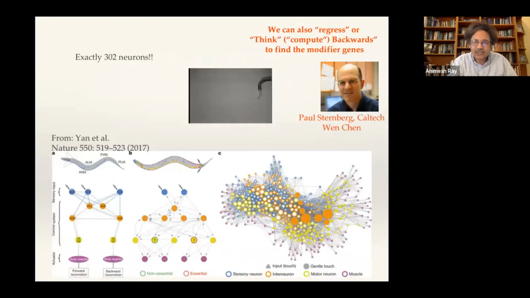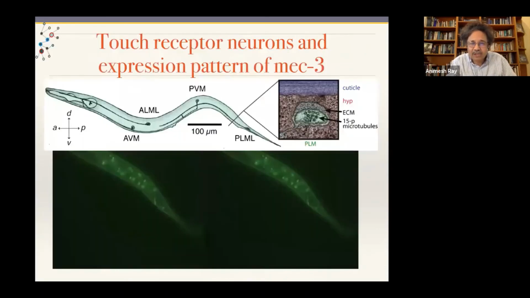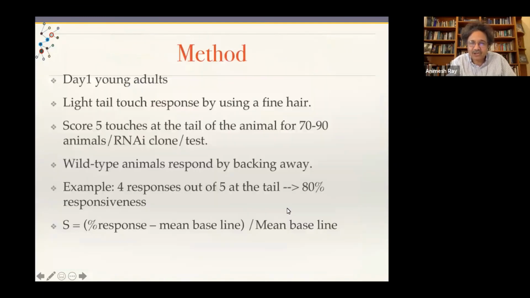elegans, which is a very nice model of brain for an invertebrate, exactly 302 neurons, with my collaborator Paul Sternberg in Caltech. And the previous one was done with Katerina van der Rohe in our institute. So we can now begin to express the human Huntington's disease protein, the mutant form and the wild type form, using a promoter that expresses it in all neurons, including the touch neuron.